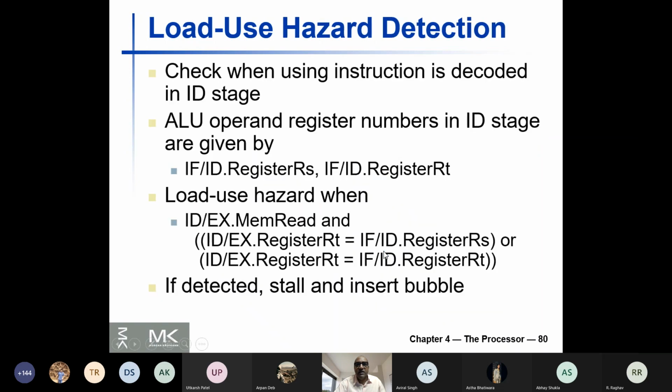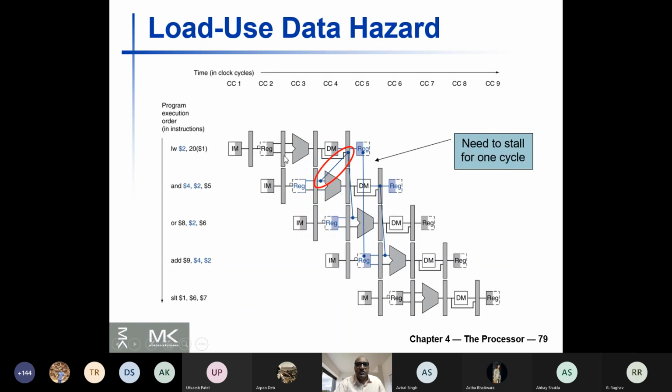You can detect it when you find a load instruction followed by an arithmetic instruction; then you need to stall. That means you cannot perform the execution stage. Suppose this arithmetic instruction starts here, and when it comes to the second stage, the instruction decoding takes place.